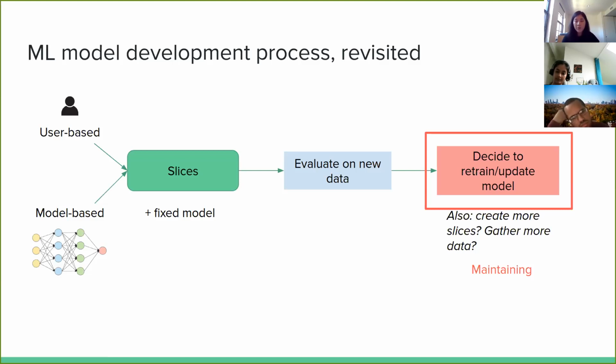Or maybe we're not very confident in our model measurement or our monitoring, so maybe we need to gather more slices or carve out more subpopulations to evaluate on. Maybe we need more data because one subpopulation has very few points in it. So there are all these different decisions we need to make, and the question is, how do we make them?